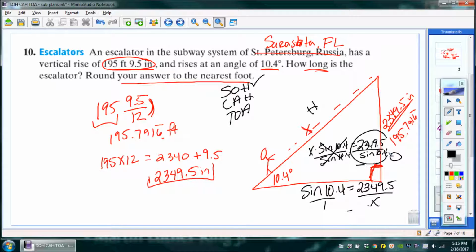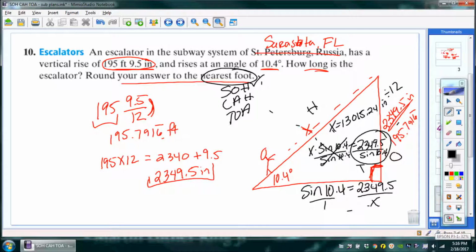So I'm going to put this in my calculator. 2,349.5 divided by sine of 10.4. So it's telling me 13,015.24 inches, but it does say round to the nearest foot. So I'm going to convert this into feet.